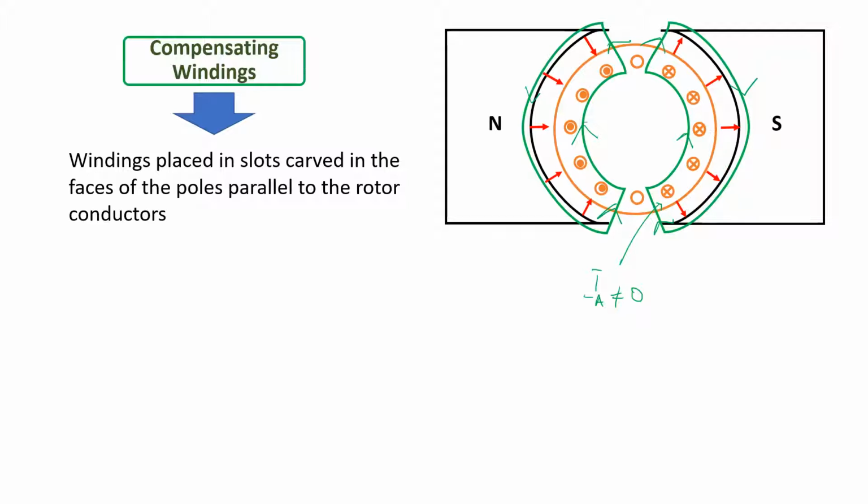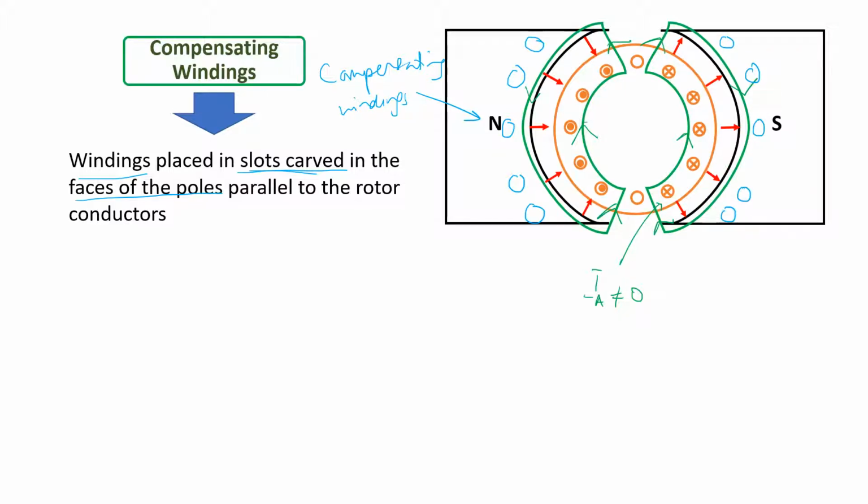So the compensating windings are windings that are placed in the slots carved in the faces of the poles, parallel to the armature windings. So I'm drawing here these blue circles, and these blue circles are the compensating windings. So you'd have the compensating windings on the north side of the pole as well as on the south side of the pole.